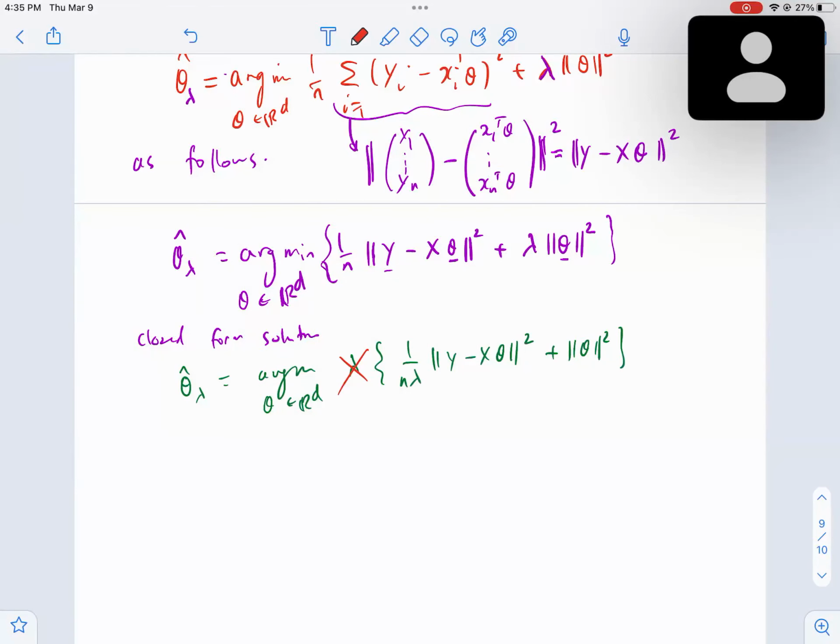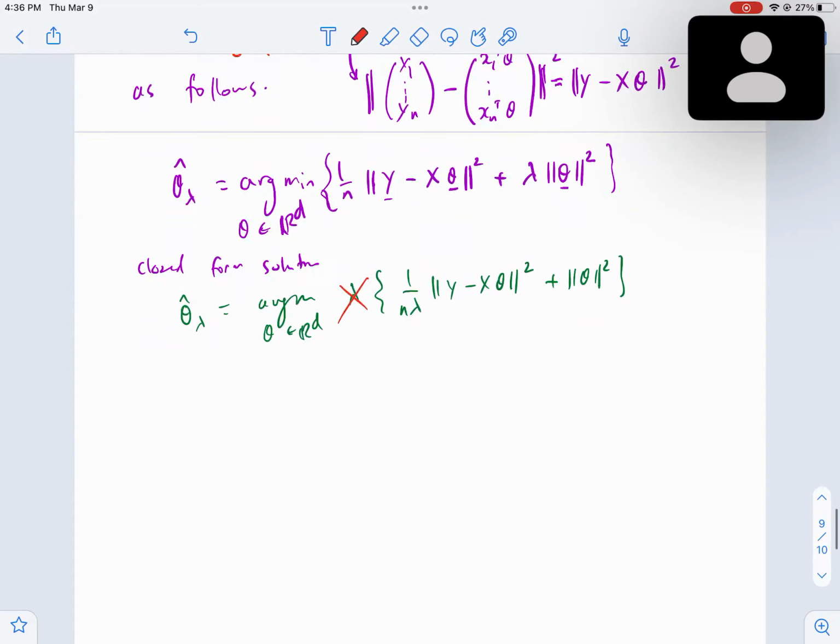Why can I drop this? Because the argmin of this and that function is the same, because it's a one-to-one map. The minimum would change, but the minimizer doesn't change.